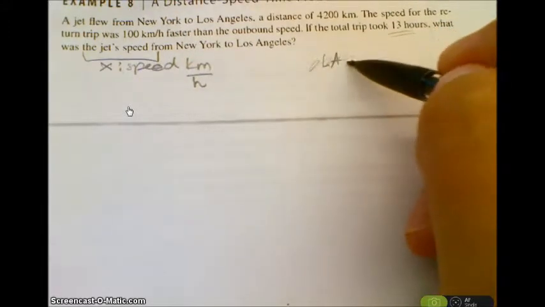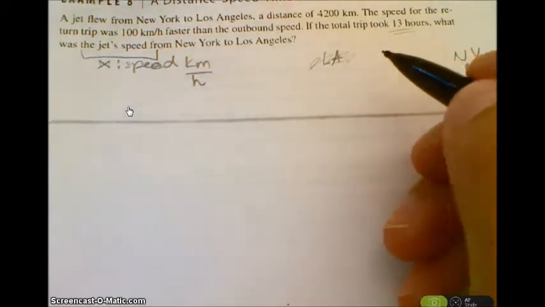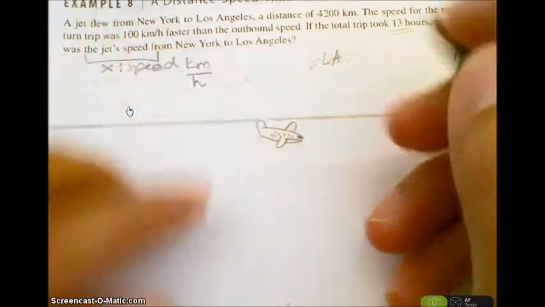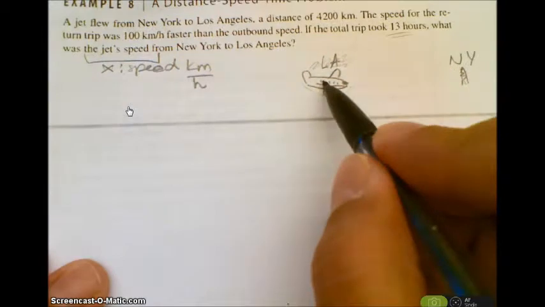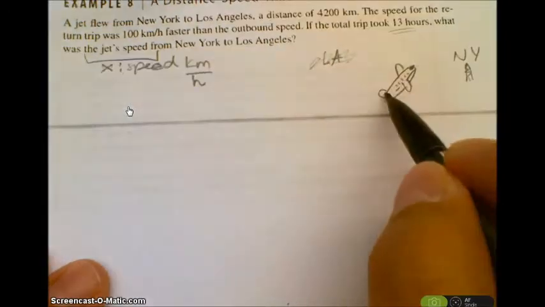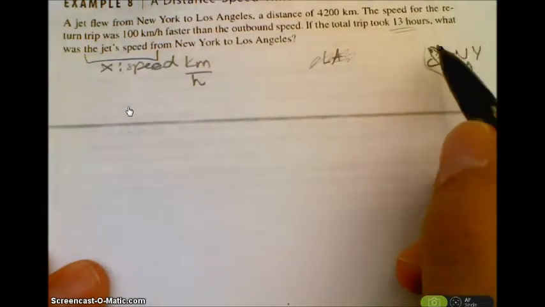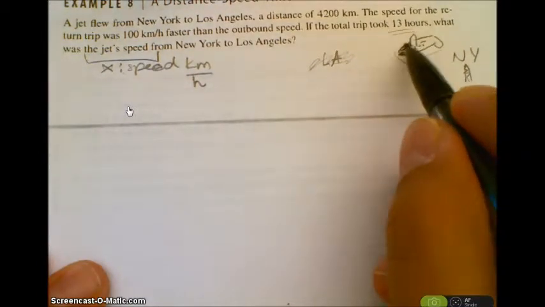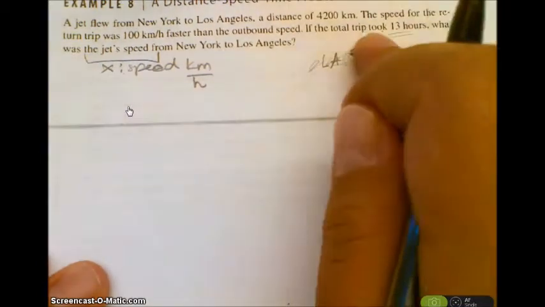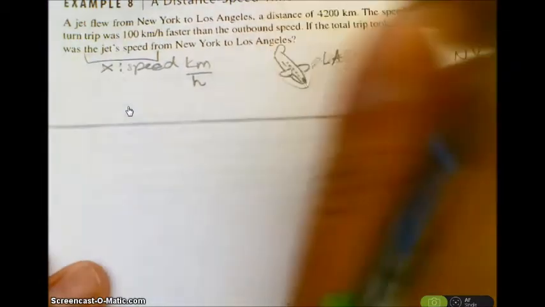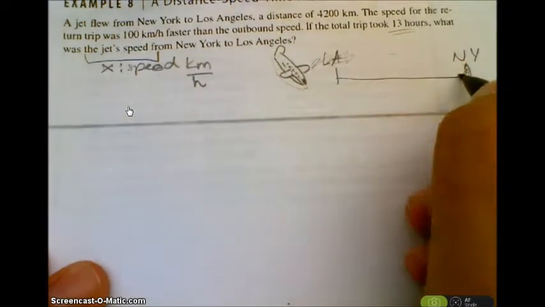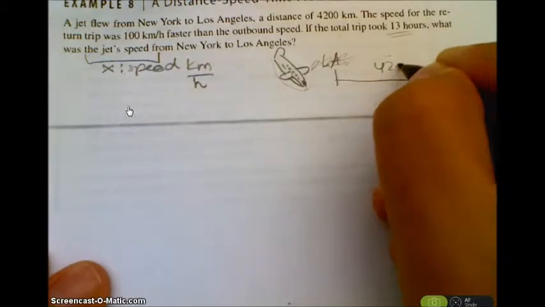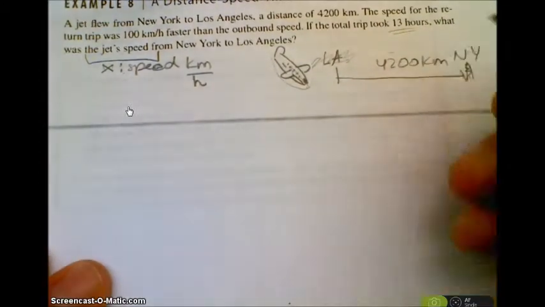Okay, so we have a little jet going from New York to Los Angeles. So the distance that this jet traveled was 4,200 kilometers.